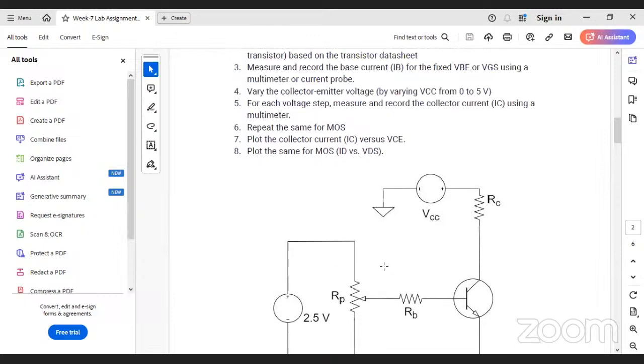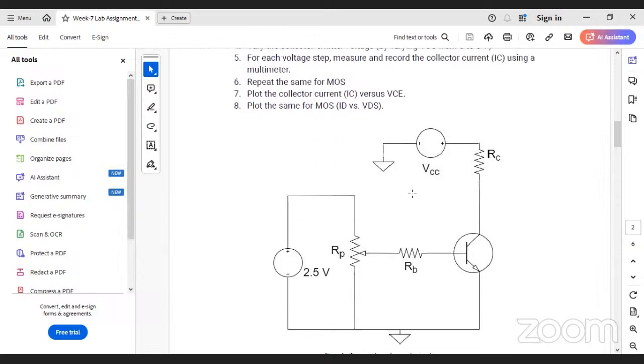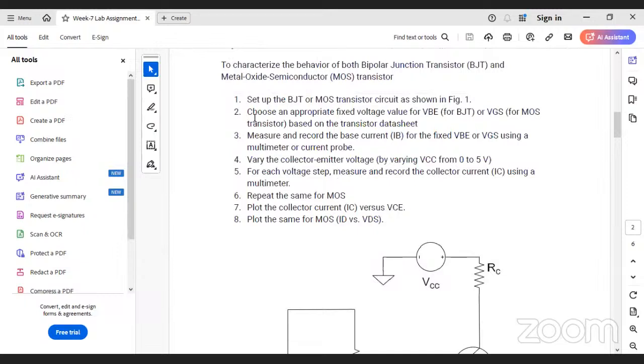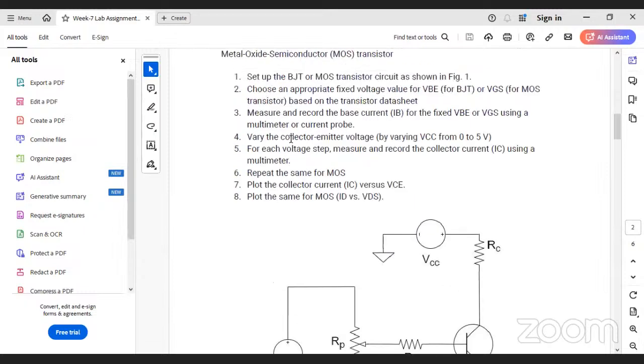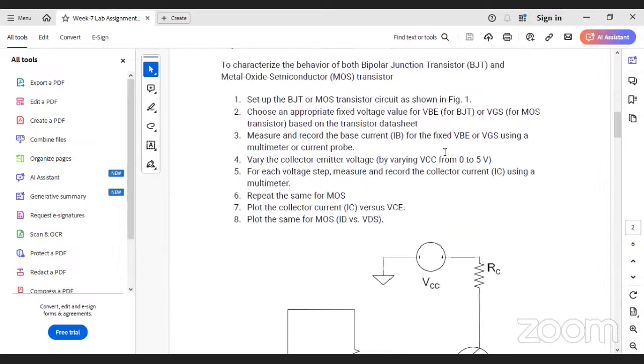So first of all, you have to choose an appropriate fixed voltage value for VBE in case of BJT, or VGS in case of MOS transistor, and then measure and record the IB, that is the base current flowing through RB, for that fixed VBE or VGS.